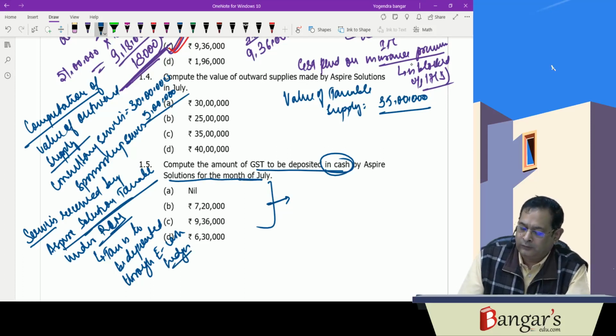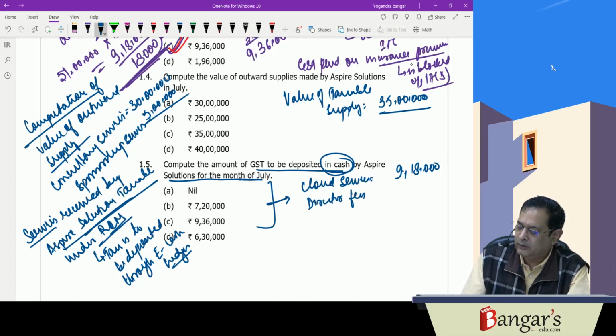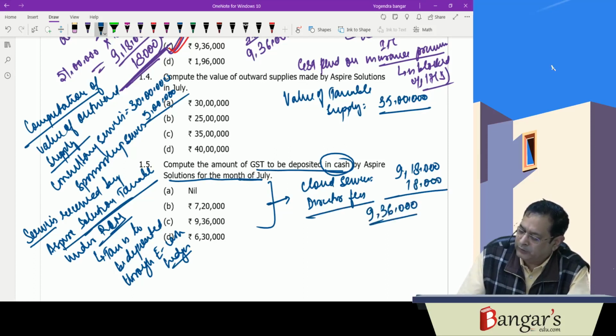So one is cloud services, there's 9,18,000 rupees, and the other one is the director fees, 18,000 rupees. So in there, 9,36,000 is to be deposited through the e-cash ledger, that we remember.